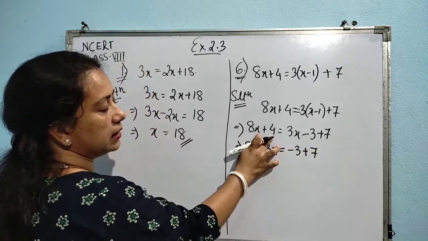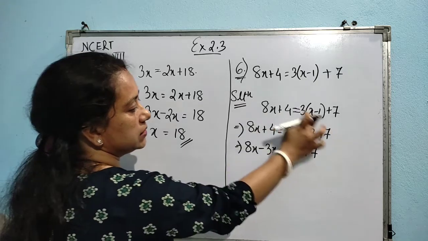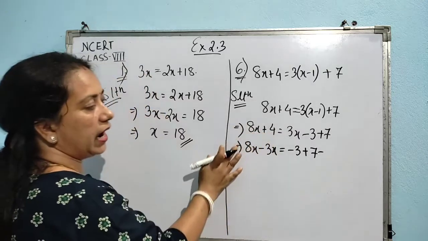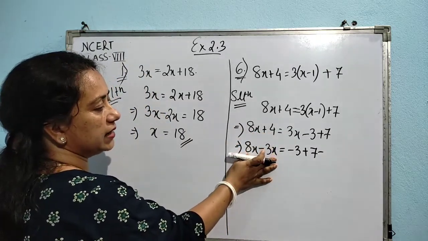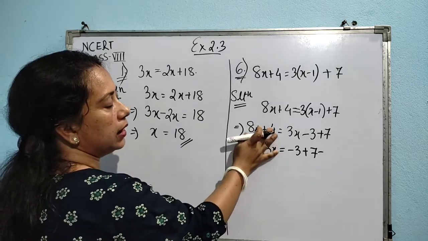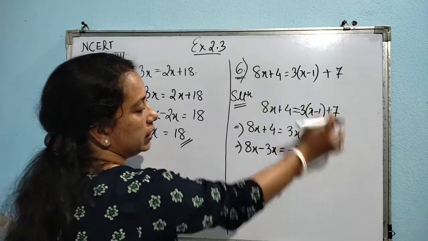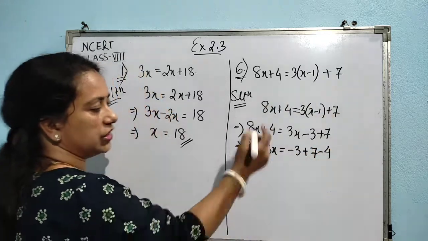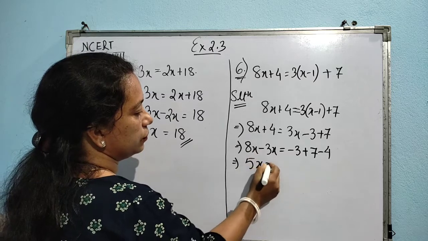See, this is a term which is free from any of the variables. So this plus 4 becomes minus 4, because we have to keep only those terms which are having x in the LHS. All the other terms should go to the right hand side. Okay, so here it is plus 4, it becomes minus 4 on changing the side. 8x minus 3x gives you 5x.